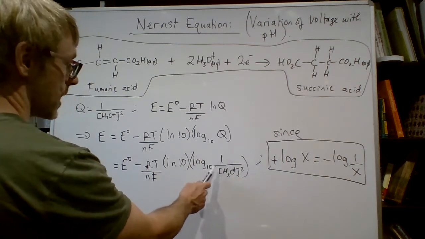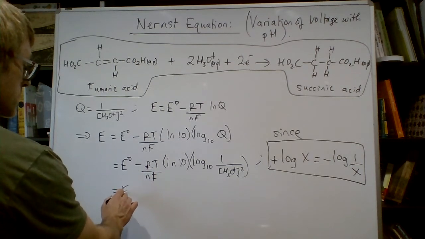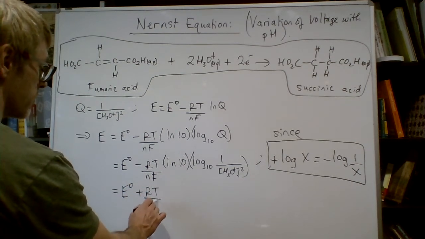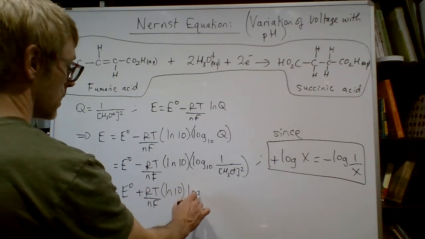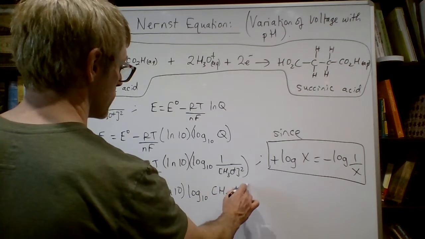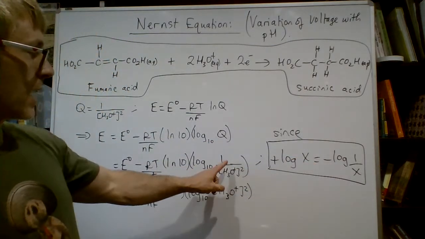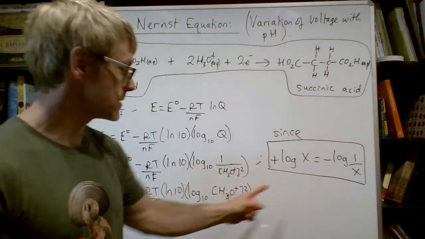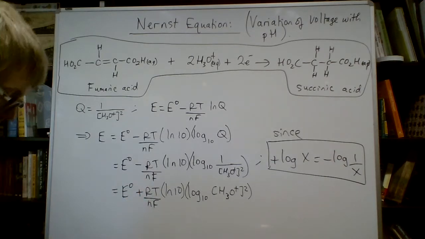That negative sign I'm just going to bring over here and flip this to be positive. So this is E cell plus RT over nF log 10 hydronium squared. Again, I've used this log rule here: I've flipped the argument, incurred the negative sign, brought it over here, and flipped this negative sign to make it positive.